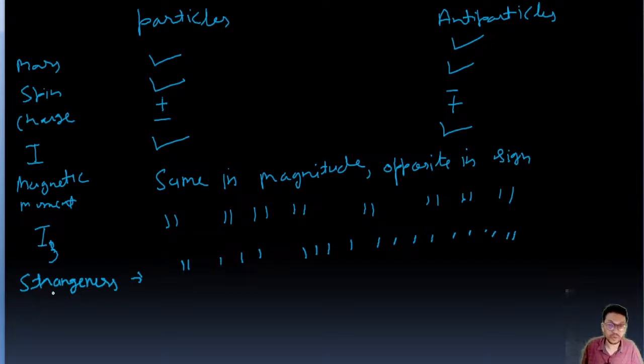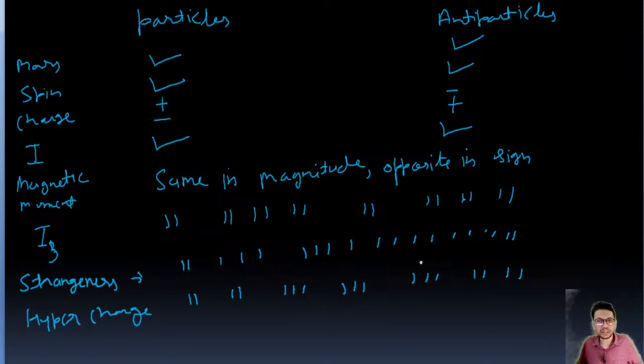Now if we talk about hypercharge, hypercharge will also be the same in magnitude and opposite in sign. So the magnetic moment, the third component of isospin, strangeness and hypercharge are going to be the same in magnitude, but opposite in sign.